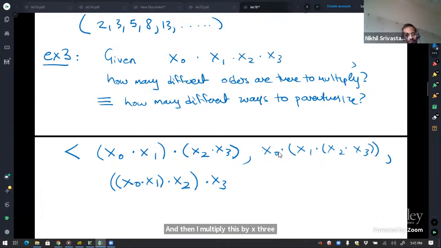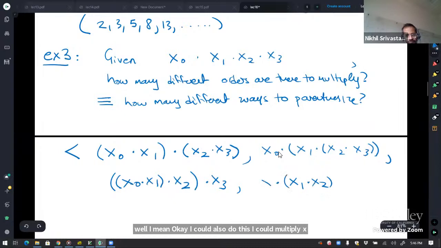Anybody see any other ways to do it? Well, I mean, okay, I could also do this. I could multiply x1 by x2 and then multiply both of those by x0 and x3 like this.